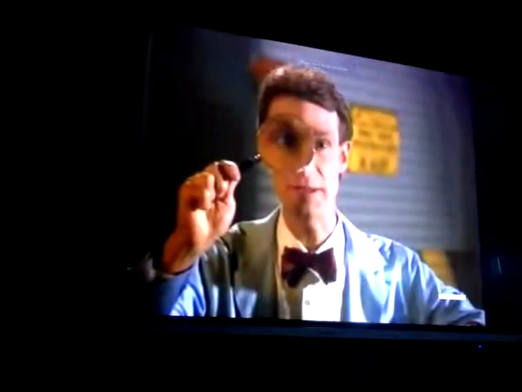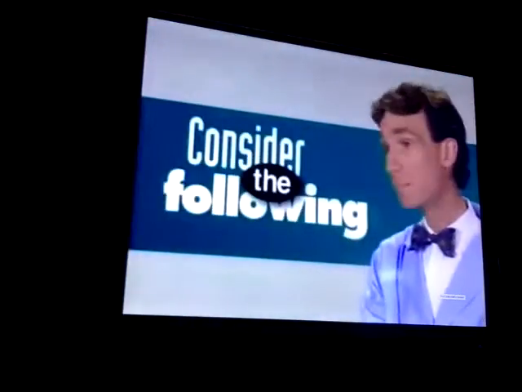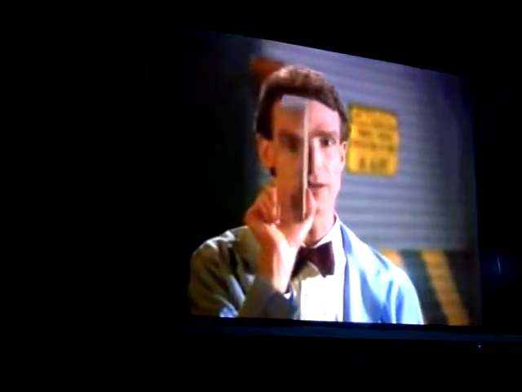Bill Nye the Science Guy. This magnifying glass is making my eye look big. Now, why is that? Please consider the following. When light enters something like air, water, glass, or plastic, it slows down a little. And when it slows down, it changes direction. See how one eye is lower than the other?